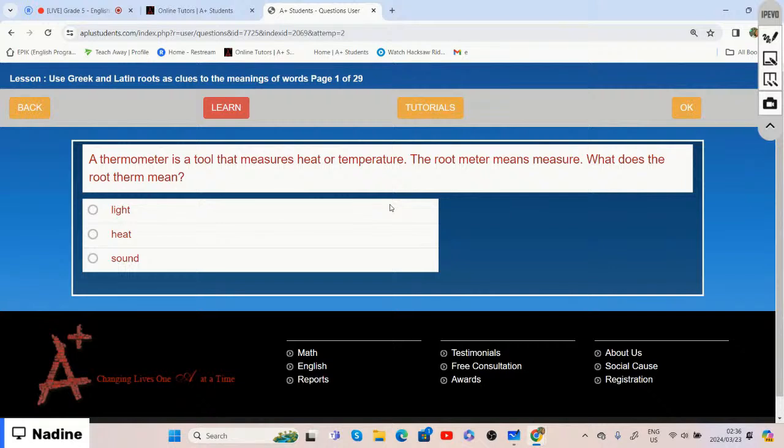The root meter means measure. What does the root therm mean? Is it light, is it heat, or is it sound?